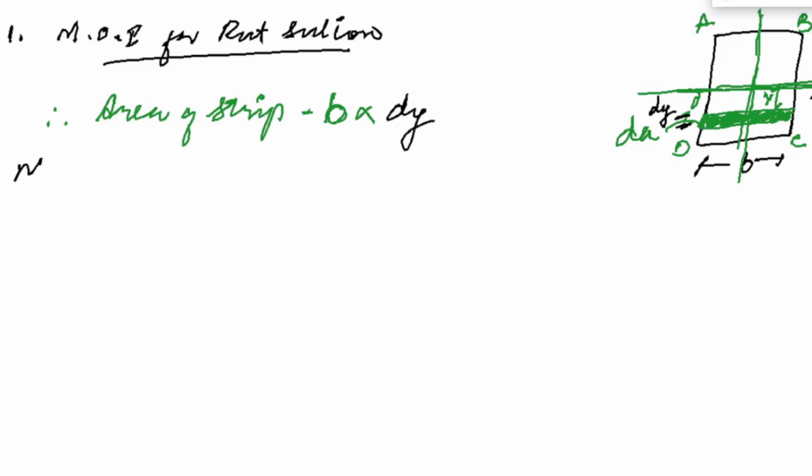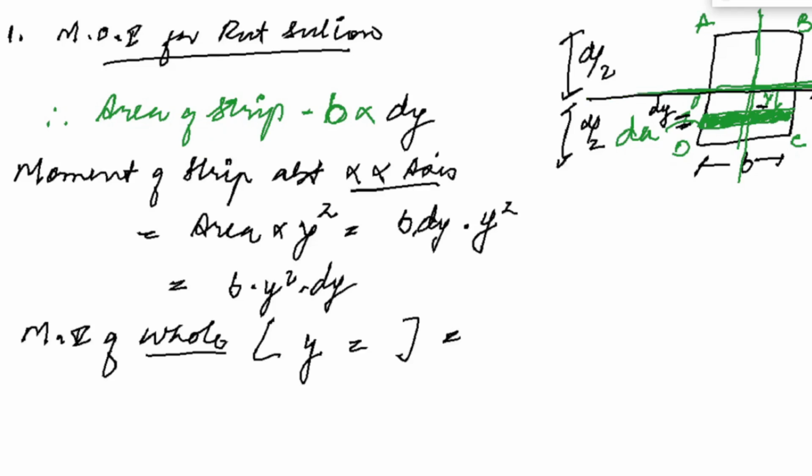That means you have to integrate within the two limits, which is minus d by 2, downwards, to plus d by 2, going upwards. So here our moment of inertia about the x-axis, Ixx.